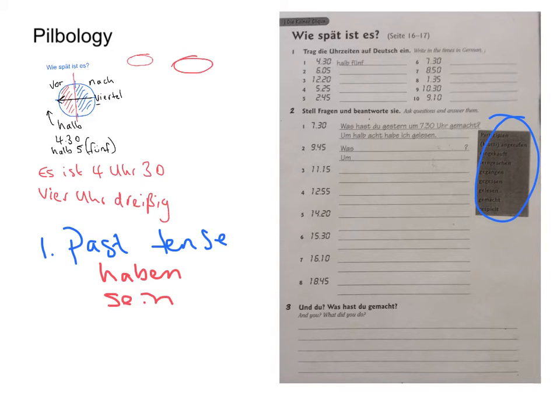Remind yourself of the rule of when you use haben and when you use sein. Do that now. The second point is to make sure that you've understood the time, I suppose, but also the word order when it comes to putting times in a sentence. So, word order.